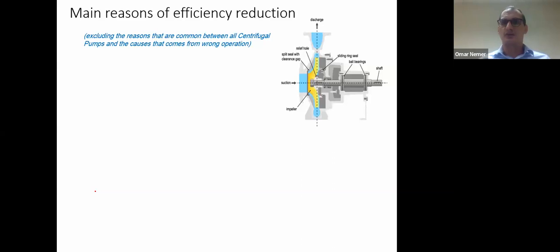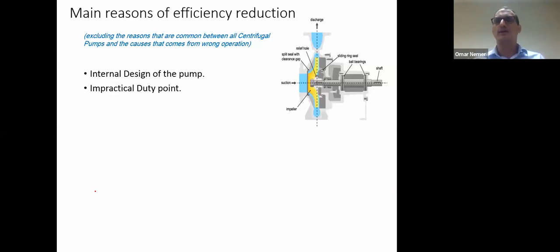Let us answer our question. So why submersible pumps? What's the reason behind this lowering in efficiency for submersible pumps? Now here we will focus on the reasons which are exclusive to submersible pumps. Why? Because generally any pump, even clean water pumps, has some reasons which will lower the efficiency. There is no pump with 100% efficiency or 90%.